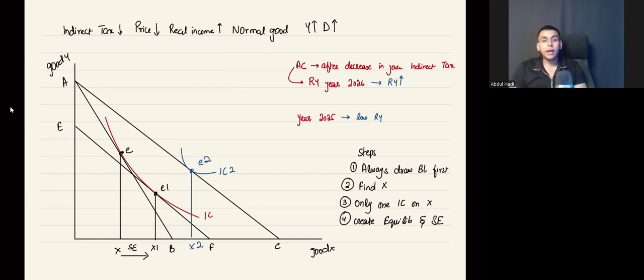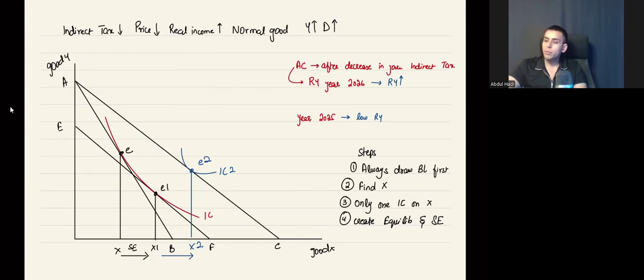So which effect am I getting from X1 to X2? From X to X1, it was substitution effect. What will be the effect from X1 to X2? Income effect. Excellent.